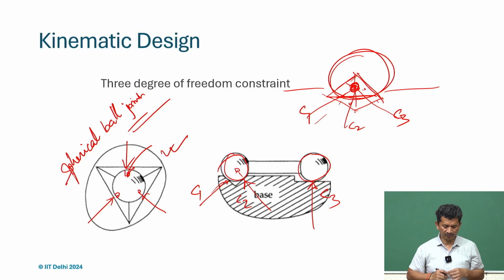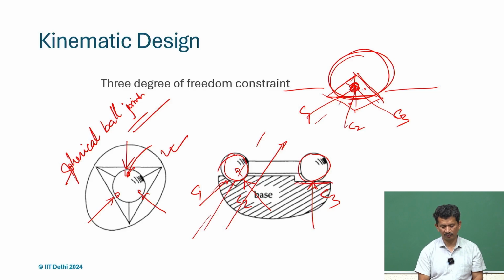What are the degrees of freedom? It can translate along the V direction, because the flat does not oppose any motion along that translation. So, this is one DOF.